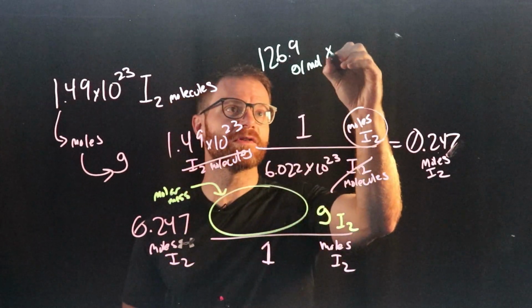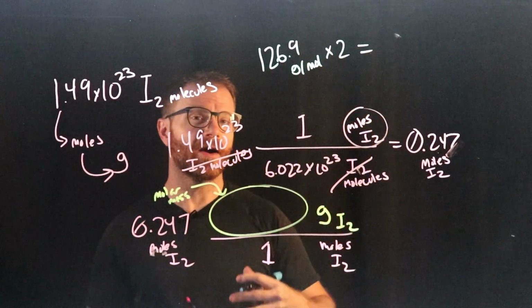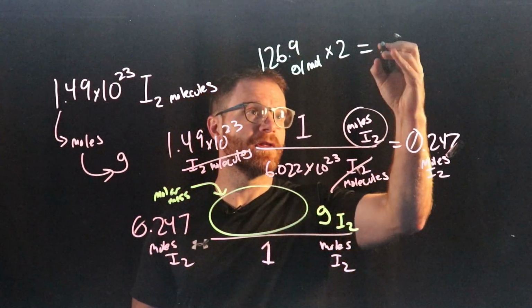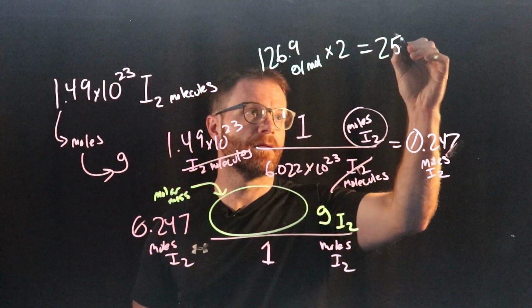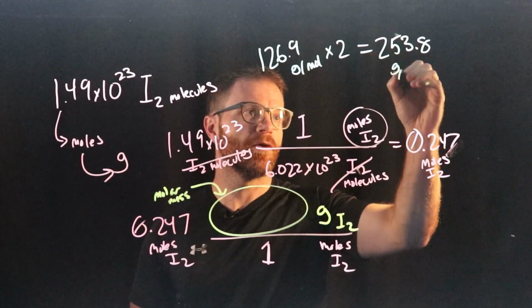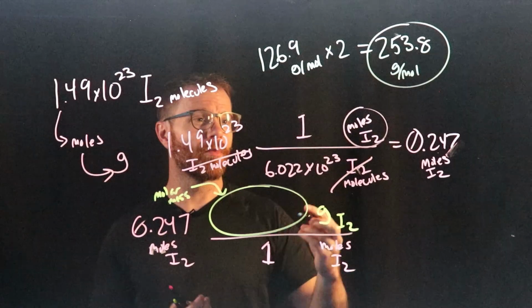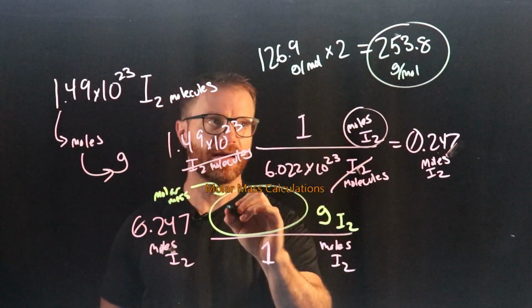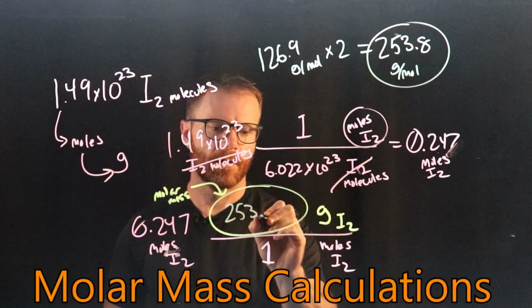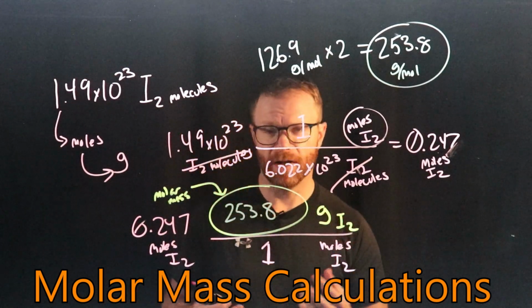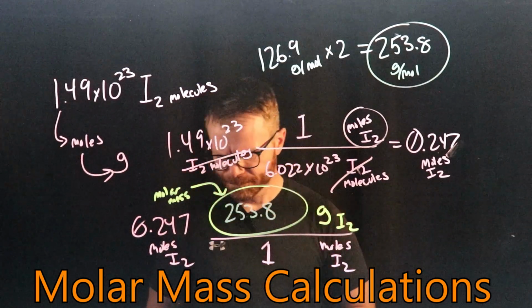So we're going to need to multiply that by 2 to get our final molar mass, which is 253.8 grams per mole. Okay, now that we've calculated our molar mass of iodine, we can put that in here. You could also round that up to 254, depending on what kind of math requirements you have.